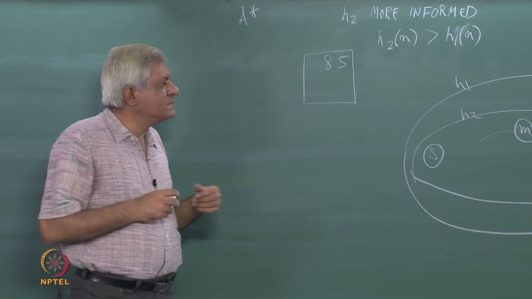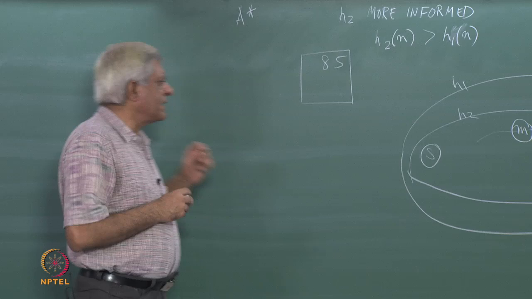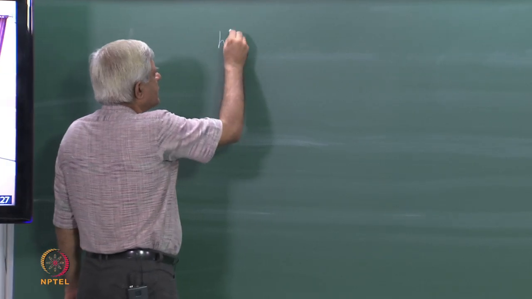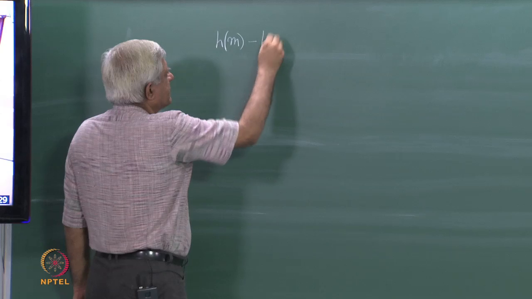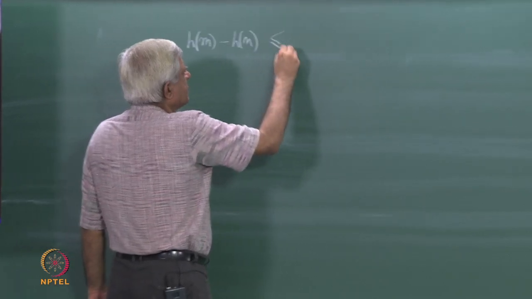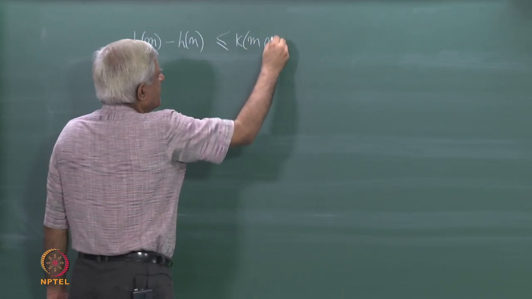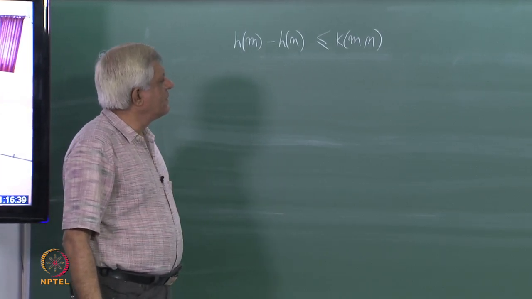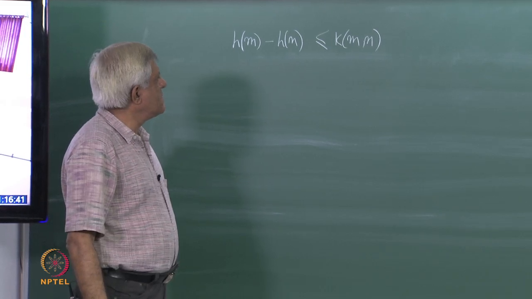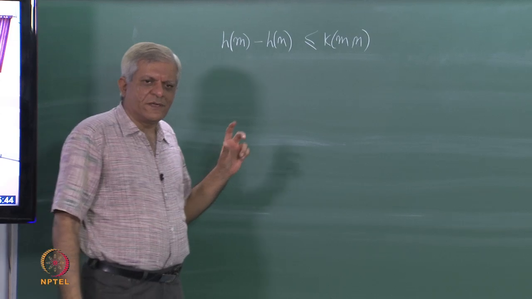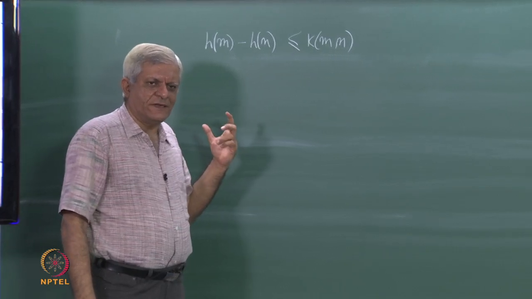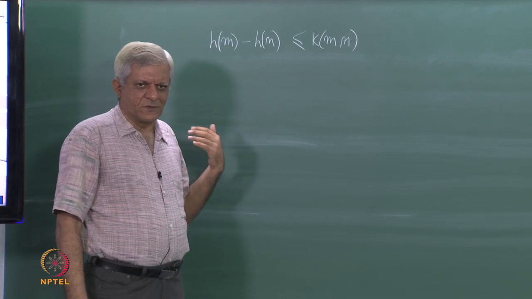So, if we take any such two nodes in the search space, and if they satisfy this property, that h of m minus h of n is less than or equal to k of m n, in a sense you can think of this as saying that it underestimates the cost of every edge which is on the path to the goal essentially.